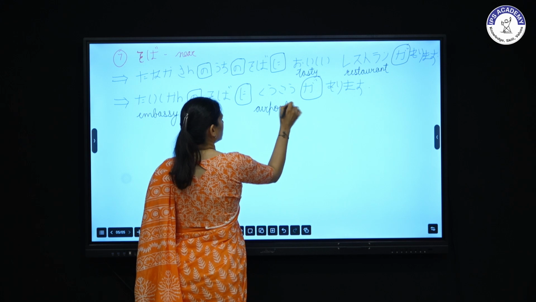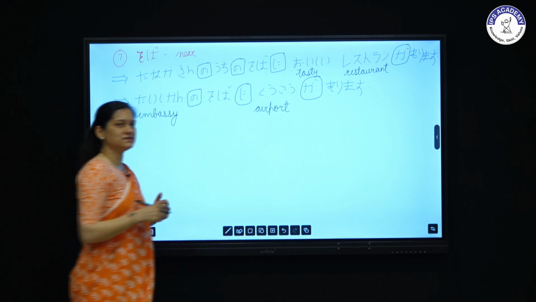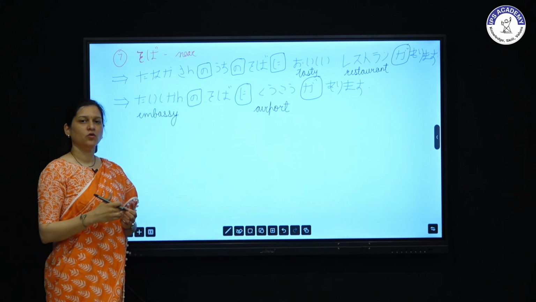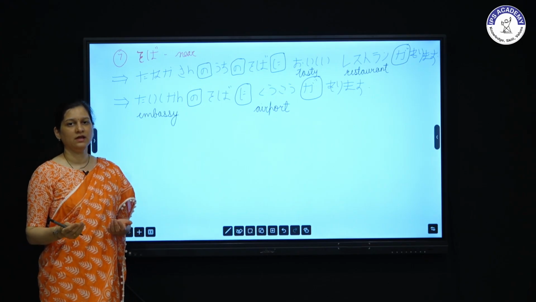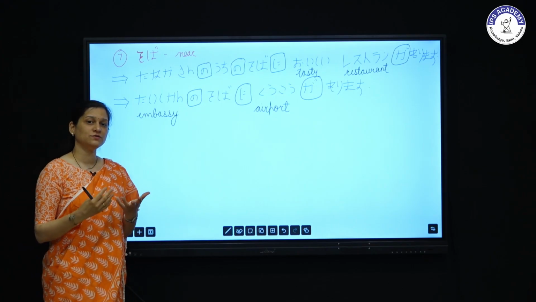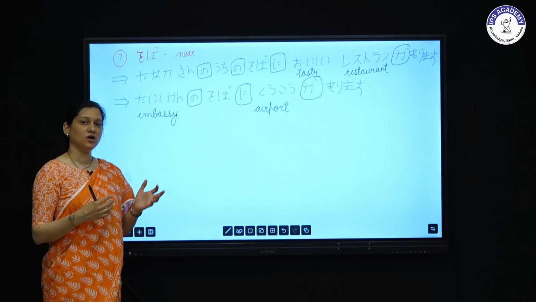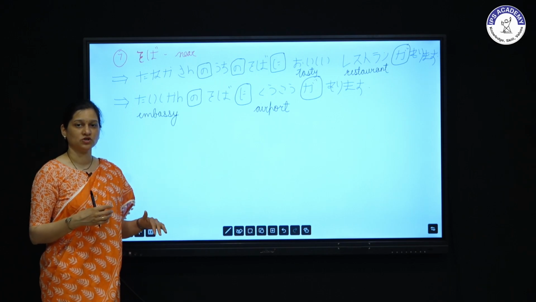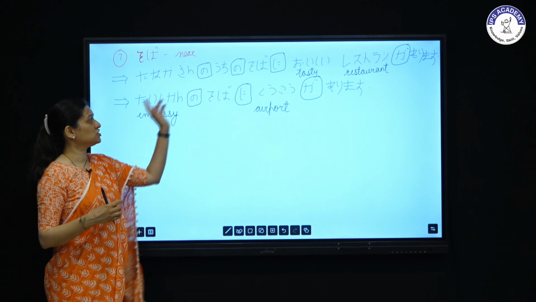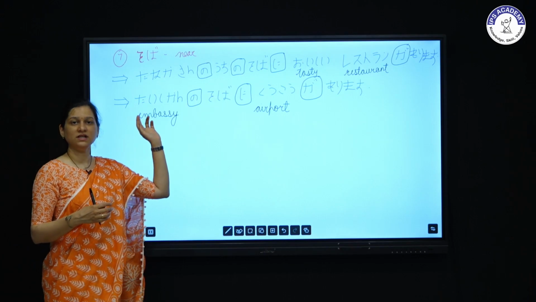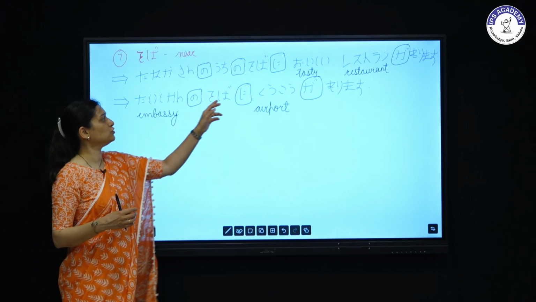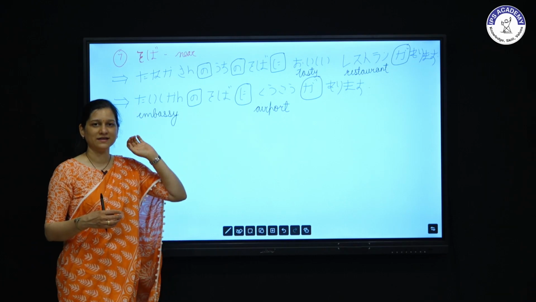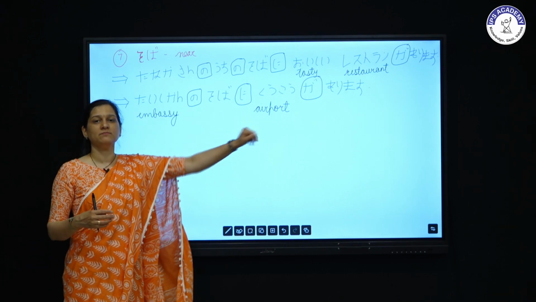So it's always important to understand which is our primary subject and which is the secondary one. Like if you want to write there is an embassy near the airport, then the position of both the subjects will change. Then the sentence will be Kuukou no soba ni taishikan ga arimasu. Airport ke paas mein embassy hai.